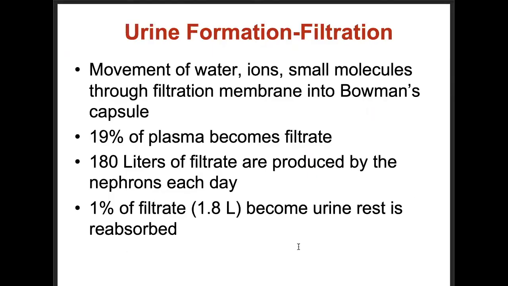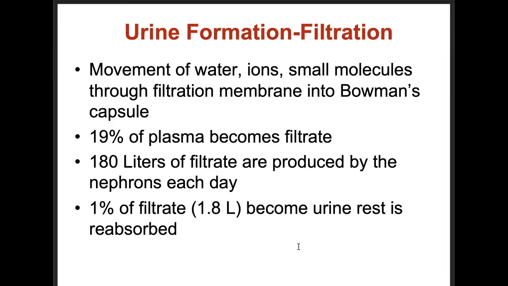So let's have a quick recap here. Urine formation, filtration, movement of water, ions, small molecules through filtration membrane in the Bowman's capsule. 19% of plasma becomes filtrate. 180 liters of filtrate are produced by the nephron each day, 1% of which of the filtrate, or approximately 1.8 liter, becomes urine.